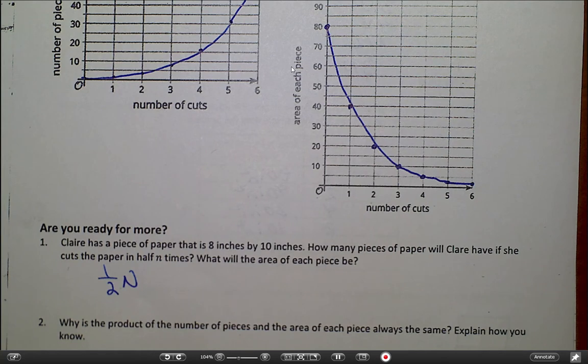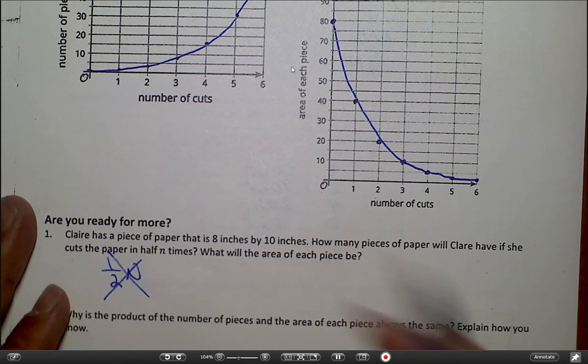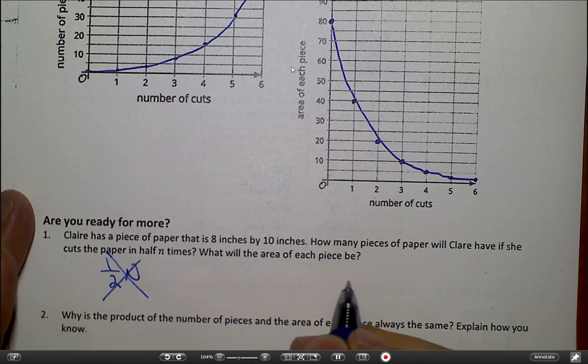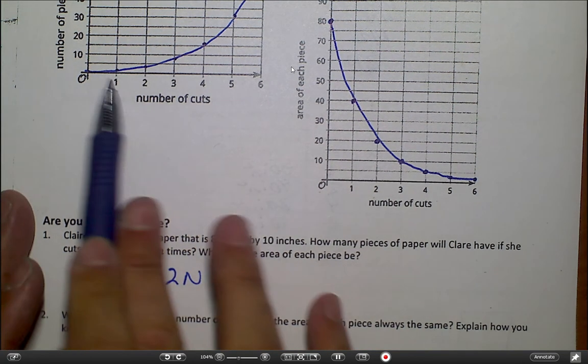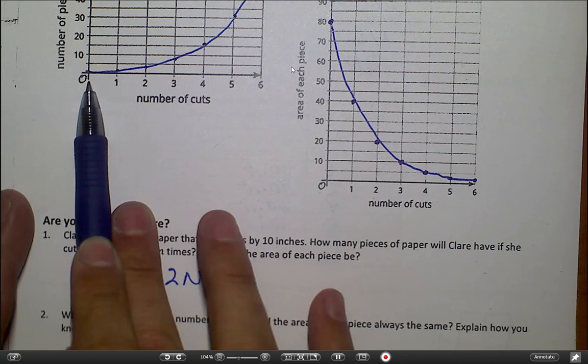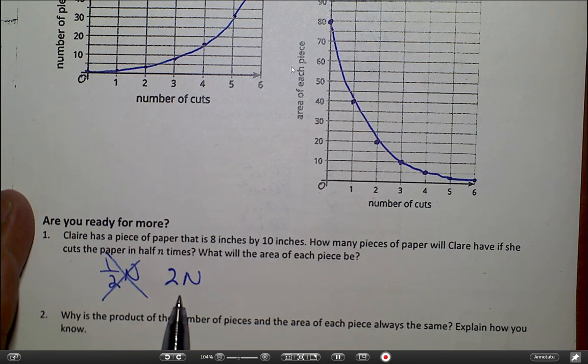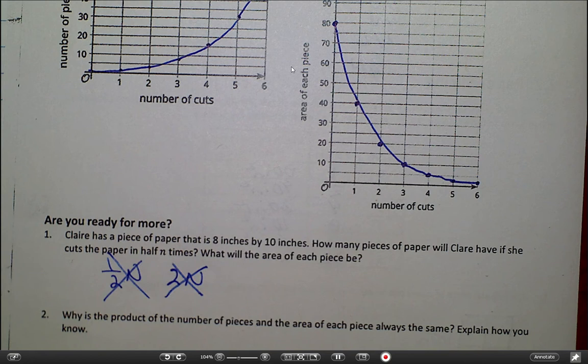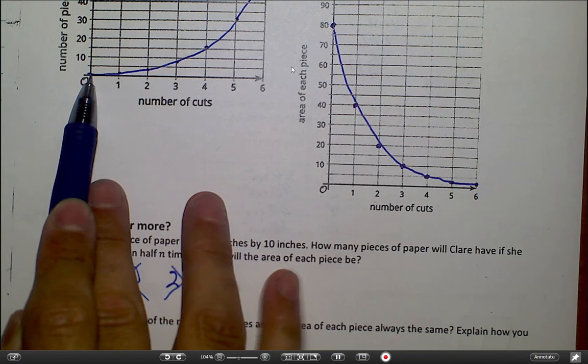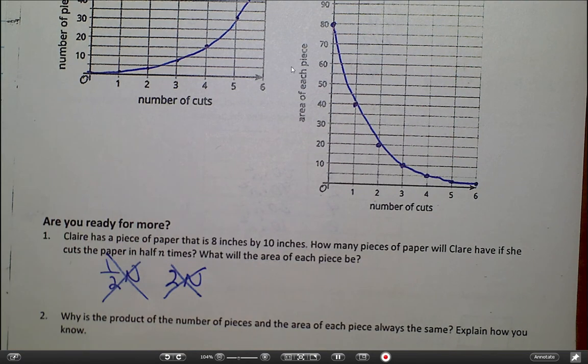So that doesn't work out, does it? What about, you said 2n? Yeah. Okay, so now at 0 cuts, what's 0 times 2? It's got to be 1, doesn't it? This right here is 1. This is the one that's gonna get you here.